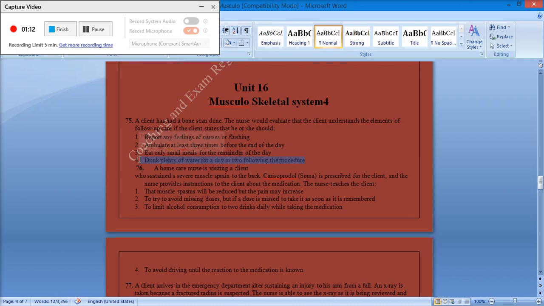To limit alcohol consumption, 2 drinks daily while taking the medication. 4. To avoid driving until the reaction to the medication is known. The correct answer is 4. To avoid driving until the reaction to the medication is known.